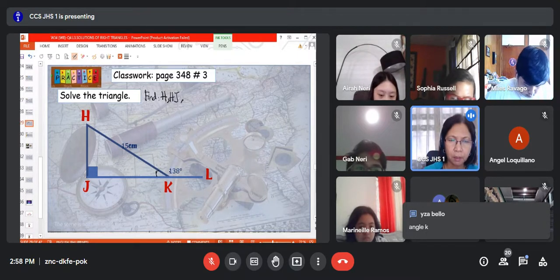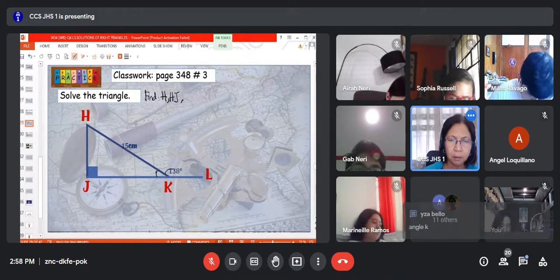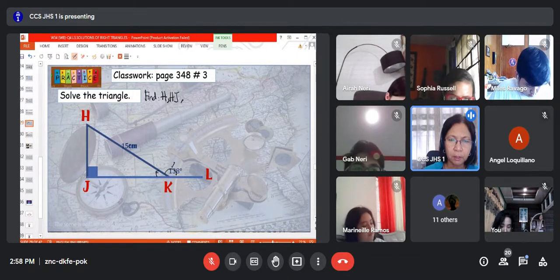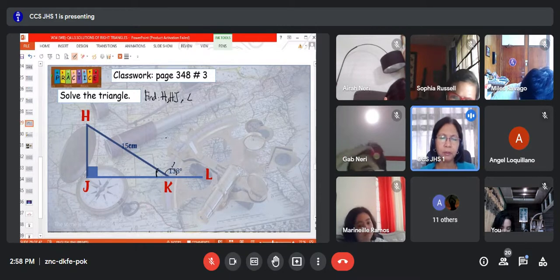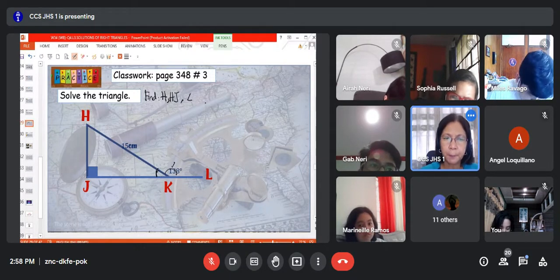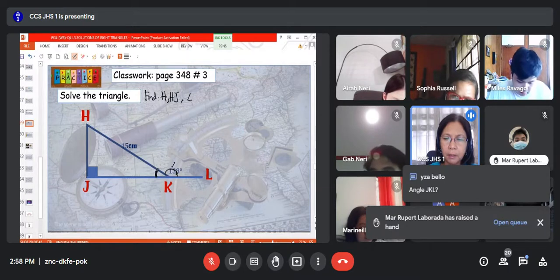Which one is angle K here? Angle K is already given. Which angle? This one, right? So name this angle properly. You have to use three letters because you have two angles here. What will be your three-letter angle name? It is not angle K only, because you have two angles at K. You have this angle, right?